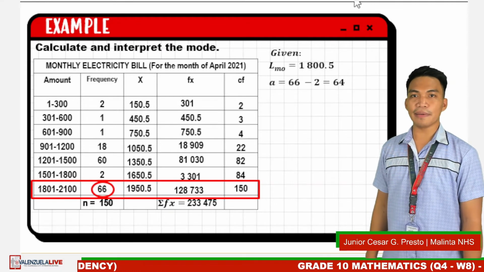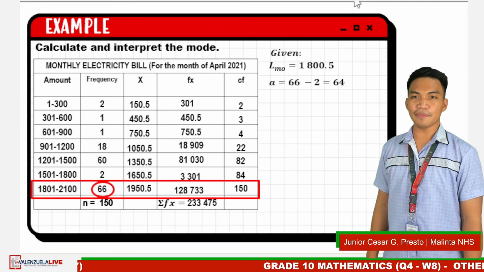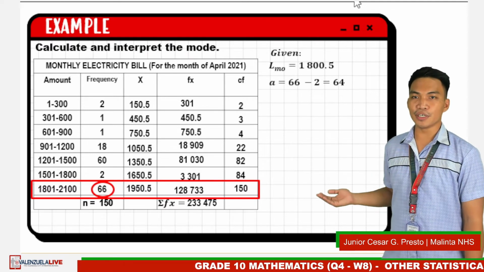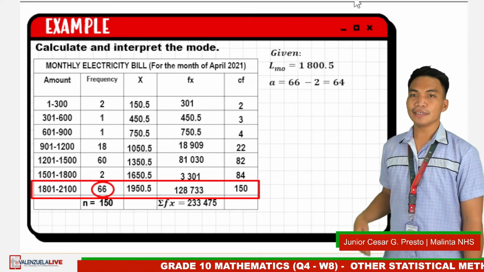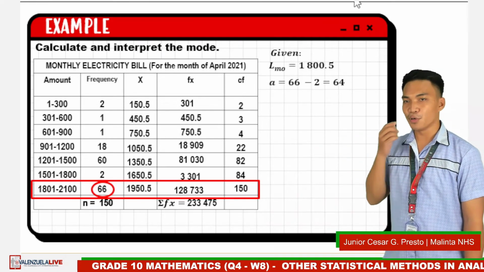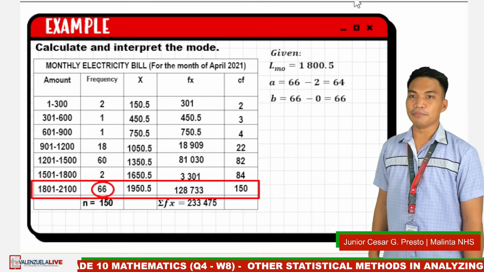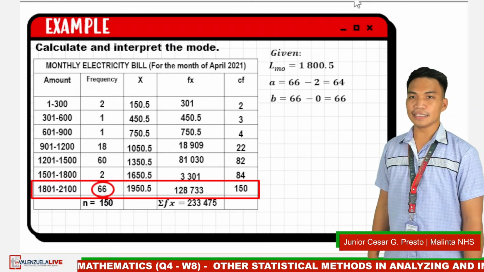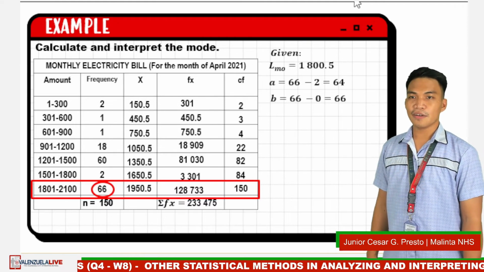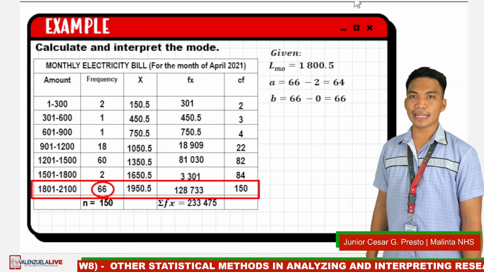A can be solved by getting the difference of the frequency of the modal class from the frequency before the modal class. So, 66 minus 2 equals 64. B can be solved by getting the difference of the frequency of the modal class from the frequency after the modal class.